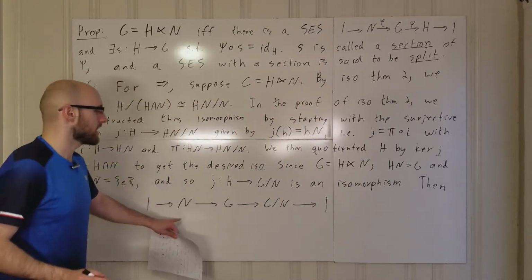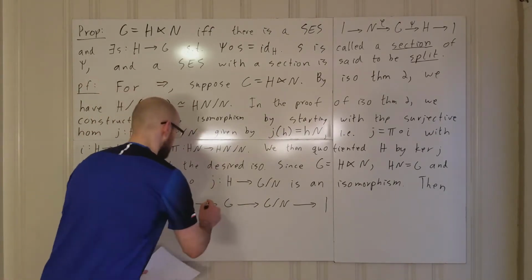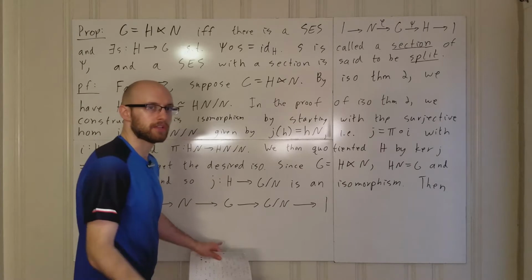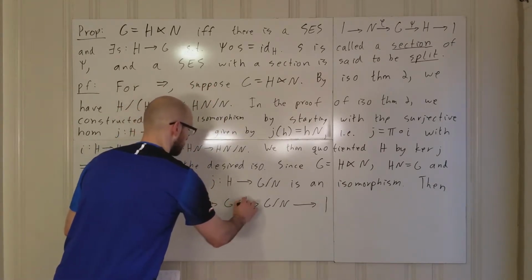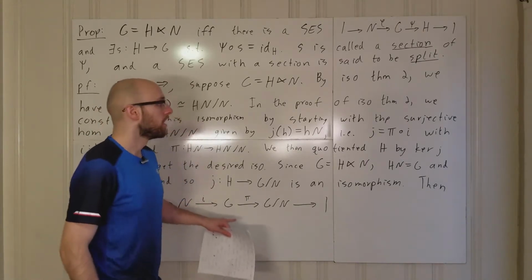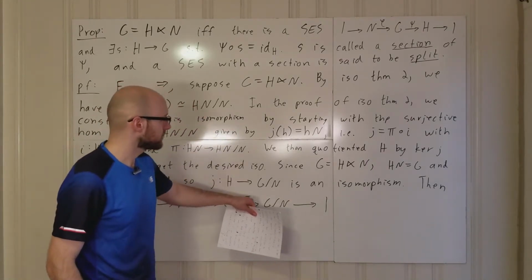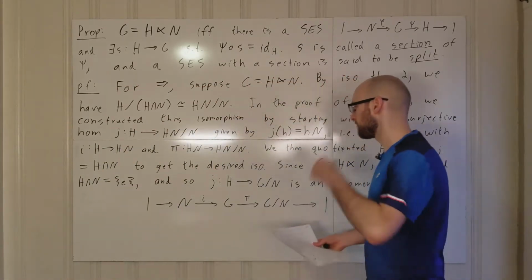This is a short exact sequence because N is a normal subgroup of G. That's one of the first things that we did when we talked about short exact sequences. Of course, here, I'm going to call this I, and this I'm going to call pi, meaning this is inclusion and this is projection. Of course, this is bad notation because this conflicts with this, but we're going to leave it.